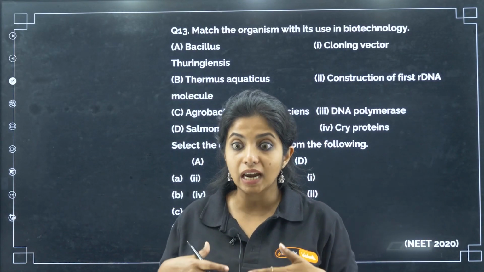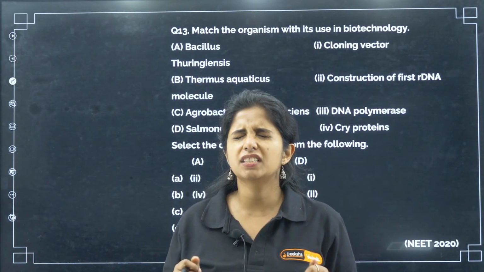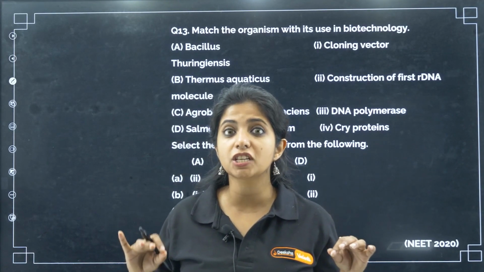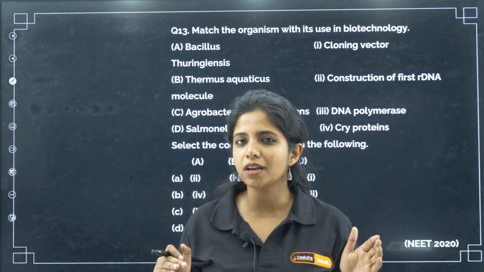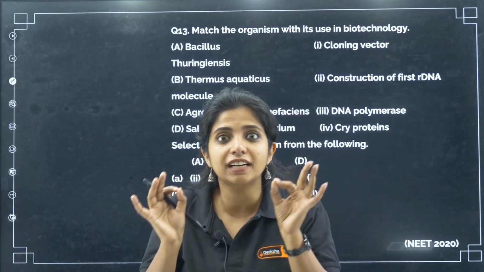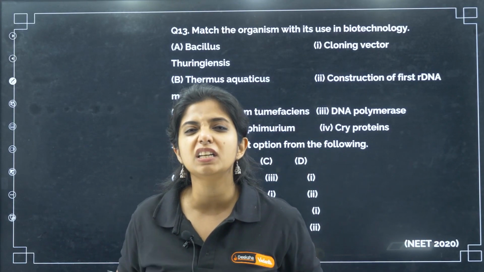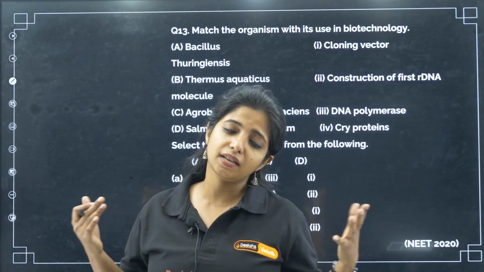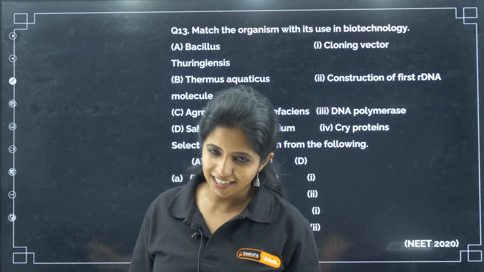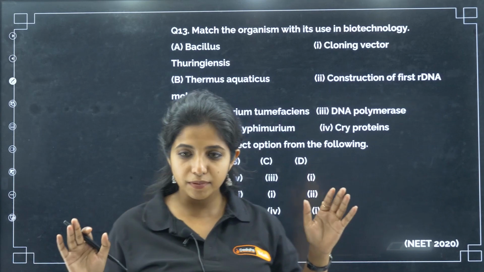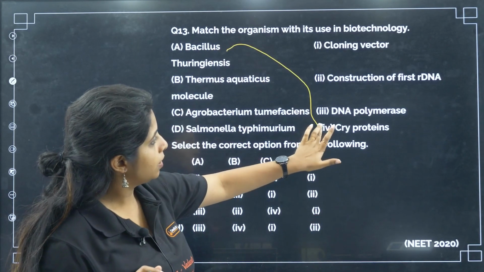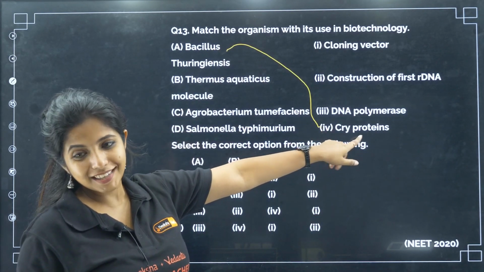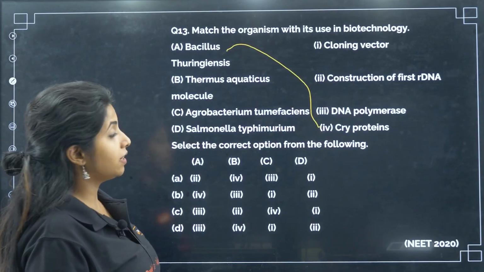Inside my midgut there is a very alkaline pH, and in alkaline pH the protoxin becomes active toxin. When it becomes active, it cleaves the cells around my gut lining, and basically the insect dies. So Bacillus thuringiensis gives cry proteins made by the cry genes, and they are insect specific.